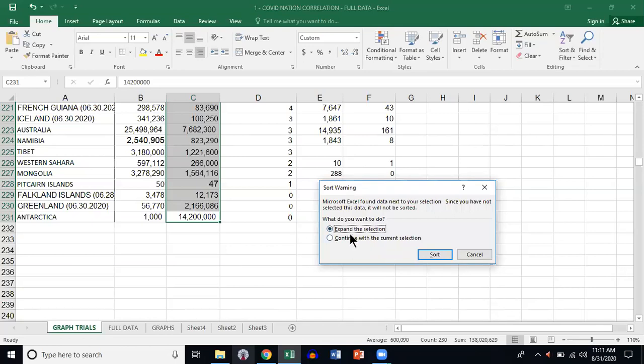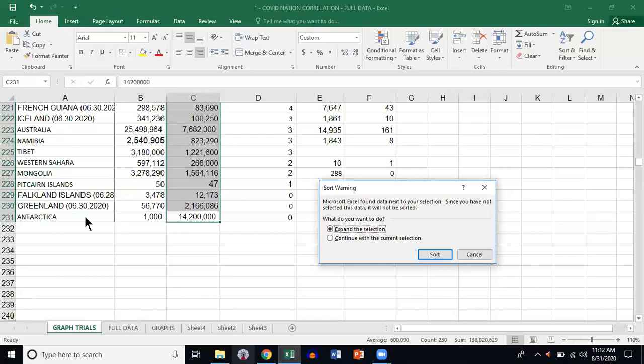In other words, expand the selection means to keep the row intact. Let's say here, Antarctica. Antarctica has 14 million square kilometers, right? When I sort it, this is going to be one of the highest values. It's going to go way up on top because it's one of the highest values of area, square kilometers.